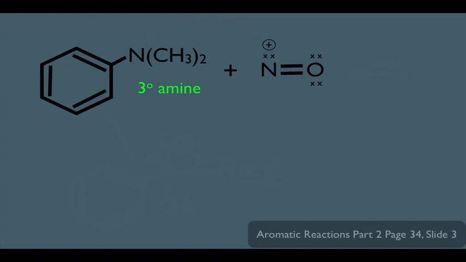Remember, the NO plus group that we're adding is technically, because of his positive formal charge, an electrophile, which means the NO plus and the benzene ring on the left can participate in an electrophilic aromatic substitution reaction, EAS, with again the NO acting as the electrophile.